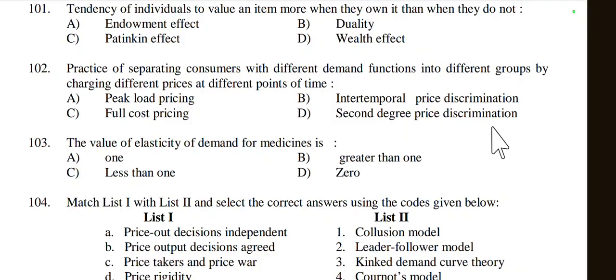Generally this is called as intertemporal price discrimination, because intertemporal price discrimination refers to the practice of charging different prices for the same product or service at different times, targeting consumers with different demand elasticity. This strategy is used to segment the market based on consumers' willingness to pay at different times. So it is called as intertemporal price discrimination.